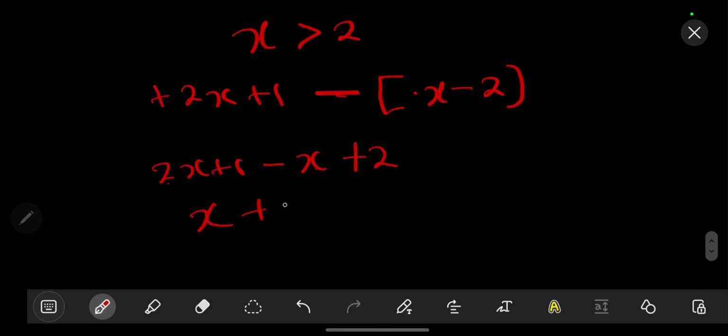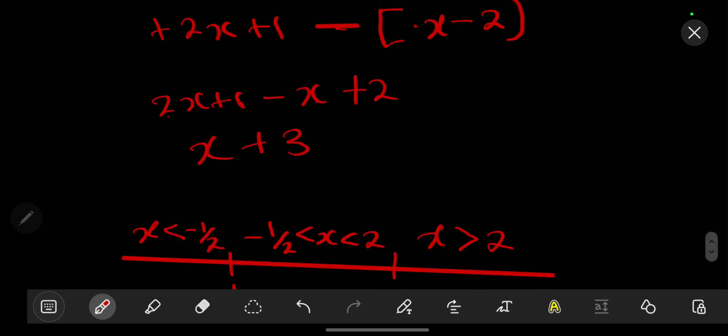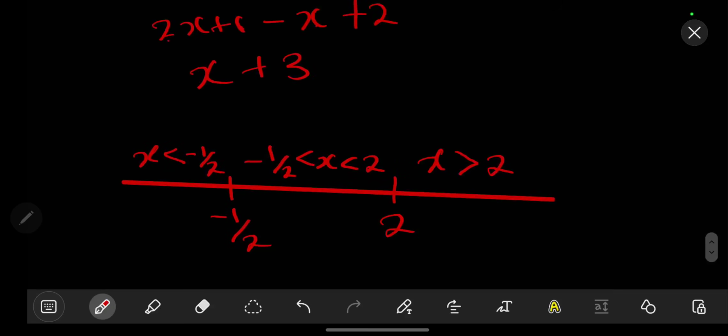So we are going to have plus our 3 like that. From there, let's just put our equations that should be there. So this one is working for the condition that x is greater than 2. So we are going to put our x plus 3 as our outcome here.